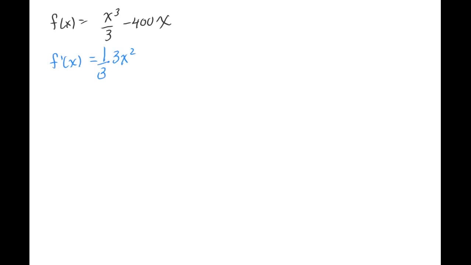Because another way that I can write this is 1/3 x cubed minus 400x, an equivalent way of expressing that. Minus 400 times the derivative of x, which is 1, which is equal to 1/3 times 3 is 1 times x squared minus 400. So I have my first derivative.